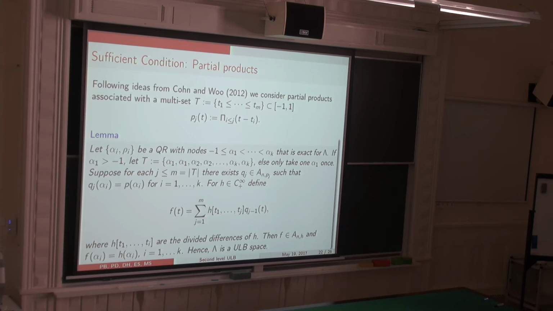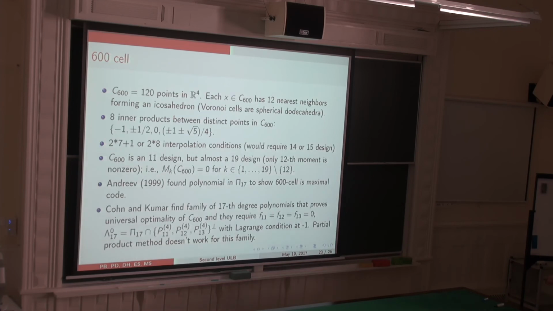I'll explain what partial products are in a bit. Okay? So, because the divided differences can be written down as a corresponding derivative, these coefficients are non-negative, and whenever these guys are actually with positive Gegenbauer polynomials, we will have positive Gegenbauer polynomials for F. All right? Expansion, I mean. And this is the 600 cell.